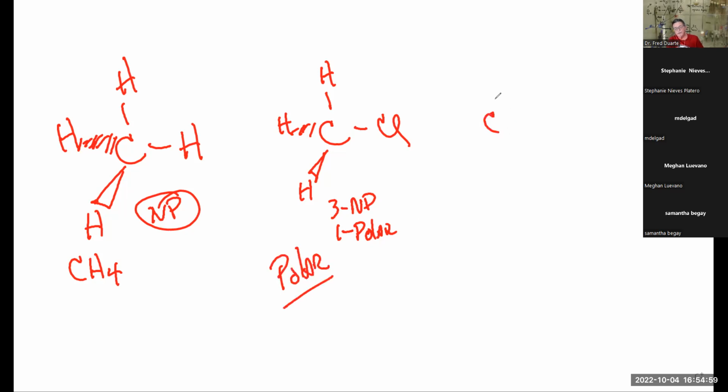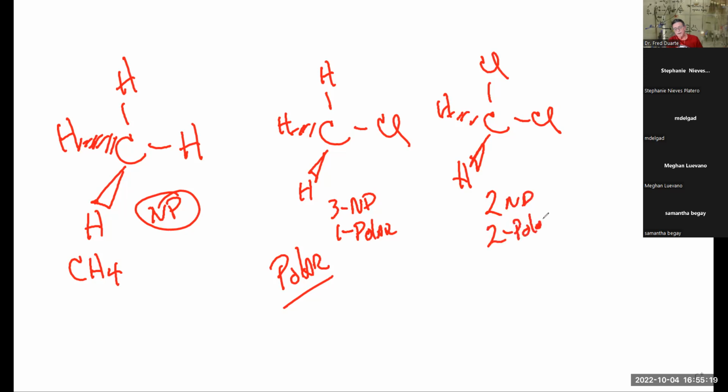If we continue and replace another one, if we go around the horn, now we have two nonpolar and two polar bonds. Everybody agree on that? So the result is overall, it is still polar.